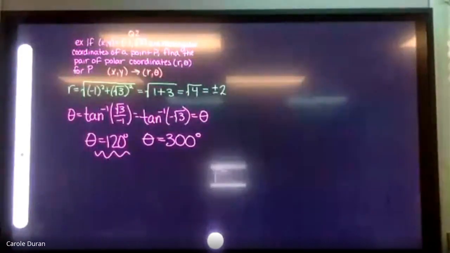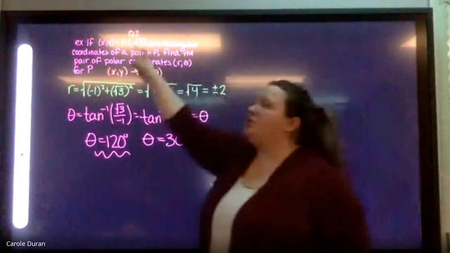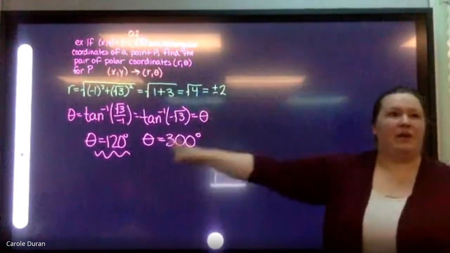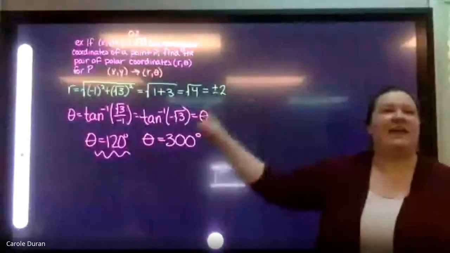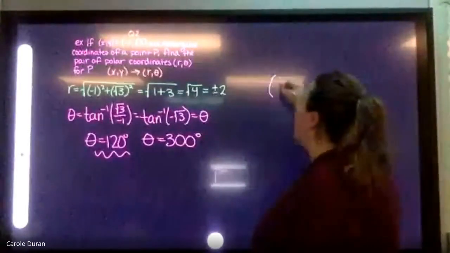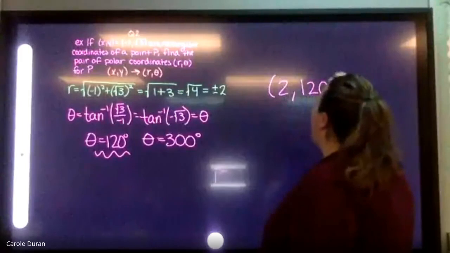What quadrant is the angle 120 degrees in? Quadrant 2. Which means if I need to stay in quadrant 2, do I need to put the positive distance of 2 with that 120 degrees, or the negative distance of 2? The positive, because I want to stay in quadrant 2.